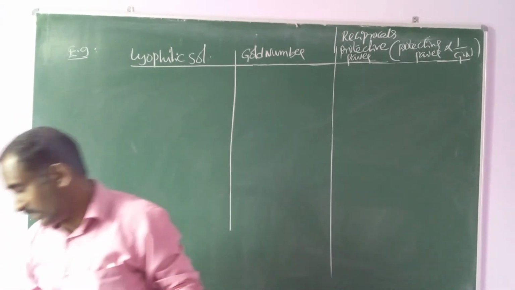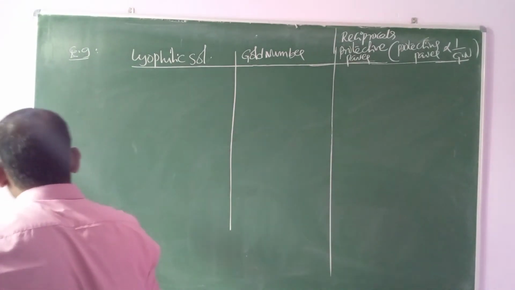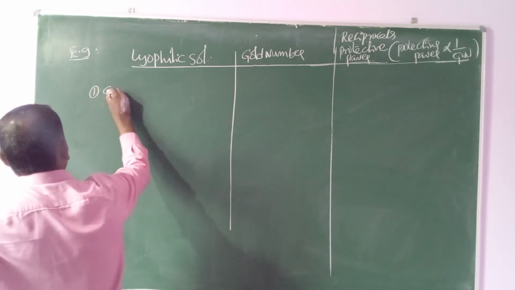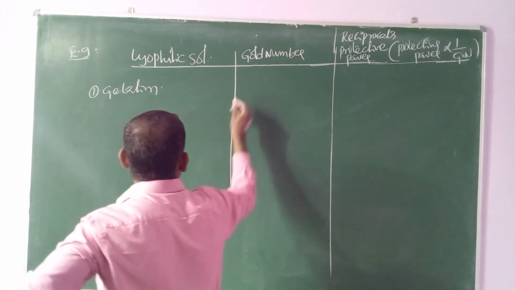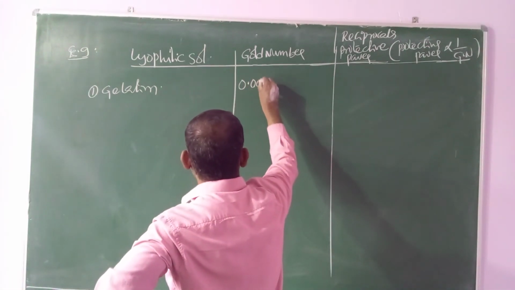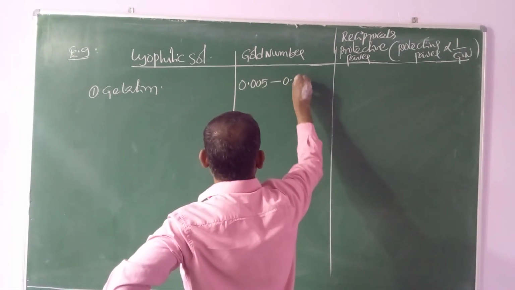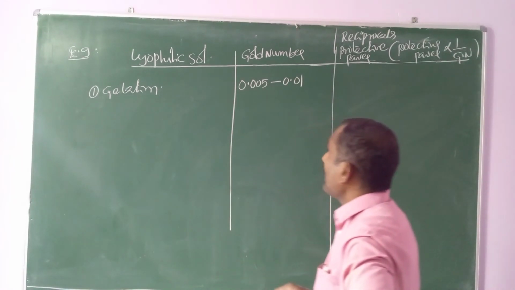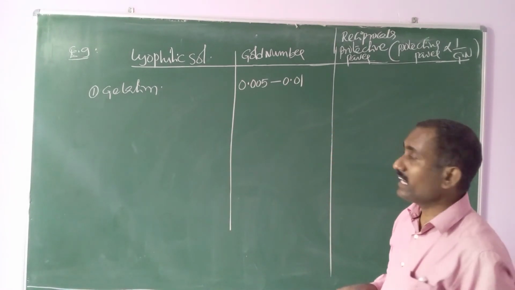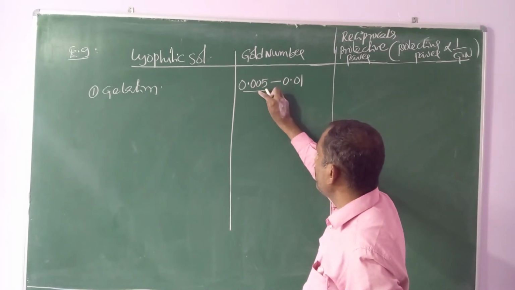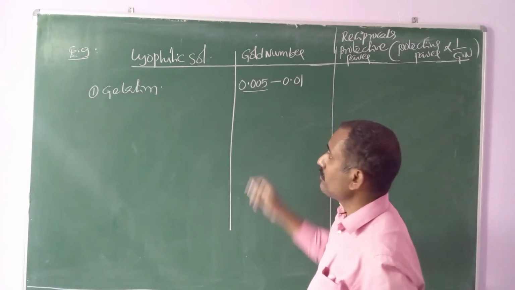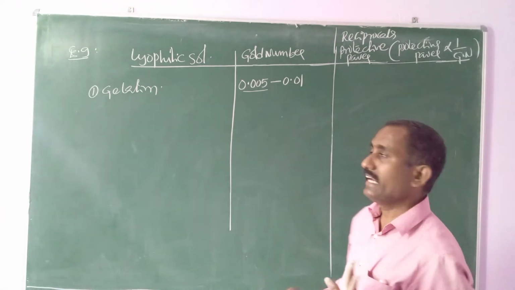For examples, we will consider gelatin. It is one of the lyophilic sols. Gold number 0.005 to 0.01. So, to prevent the coagulation of gold sol, 0.005 to 0.01 milligrams of gelatin should be added.